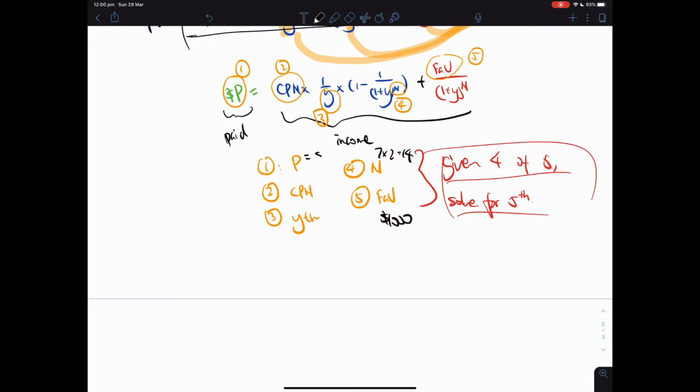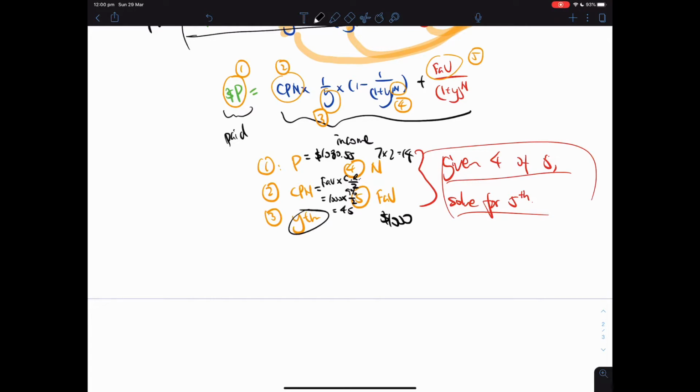The price equals 1080.55. Do we know the coupon rate? Yes, we know the coupon rate. The coupon payment equals face value times coupon rate divided by 2 because it's semi-annual. That equals 1,000 times 9% divided by 2, which is $45. The only thing we don't know is yield to maturity.